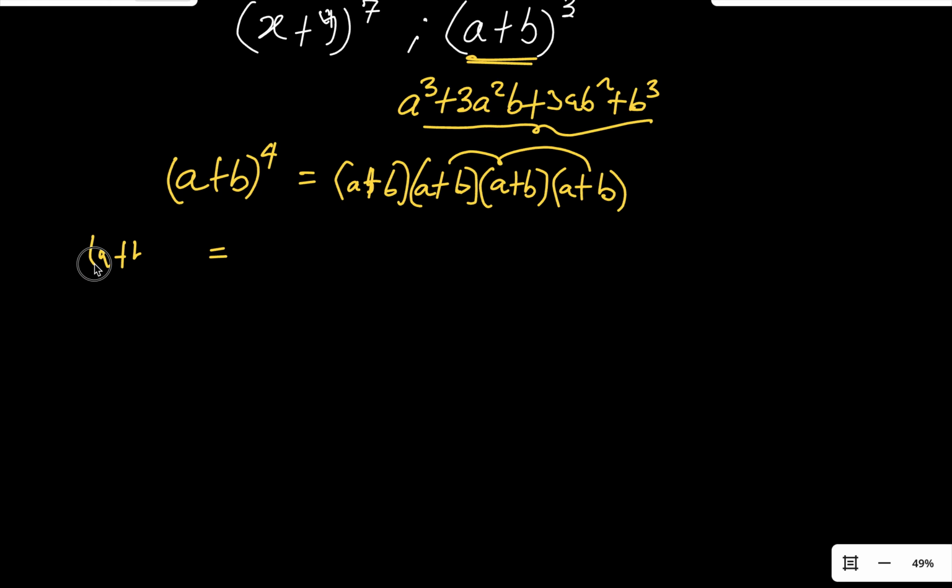Maybe just manage them. But now (a + b) there. So this one I will just say (a + b) multiplied by these three things, which will give you this particular answer. But these three things mean (a + b) all cube. So (a + b)³ is the same thing as (a + b) times (a + b) times (a + b). It will give you this particular expression that you get here.